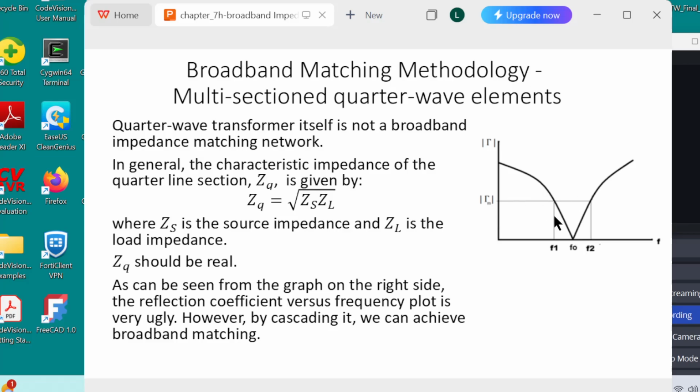Like what I said, the reflection coefficient plotted against frequency is very ugly. Too sharp here.